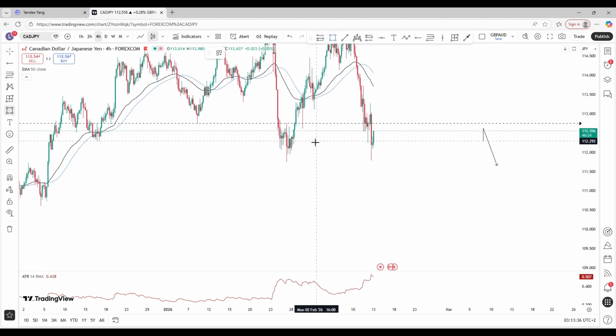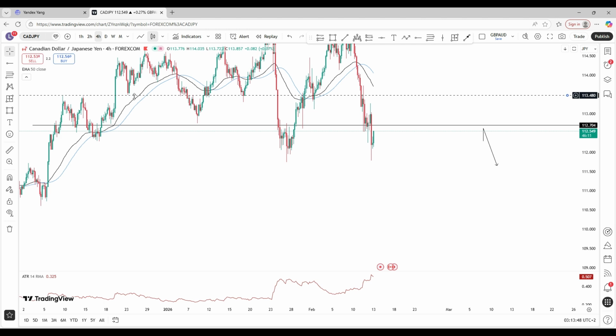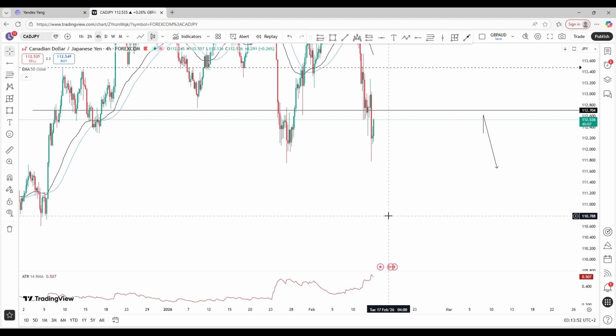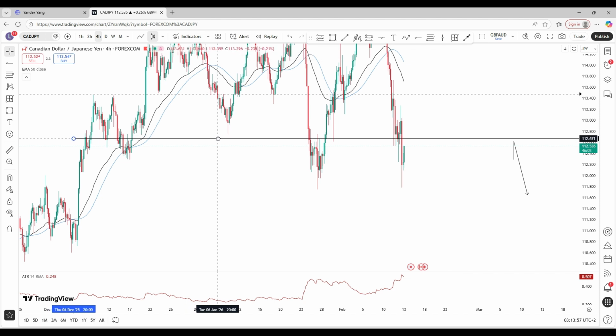All zones that I'm going to draw will be based on price historically. I'm going to put my horizontal ray on this point so that we see the most rejection points, and where I will draw my support zones.